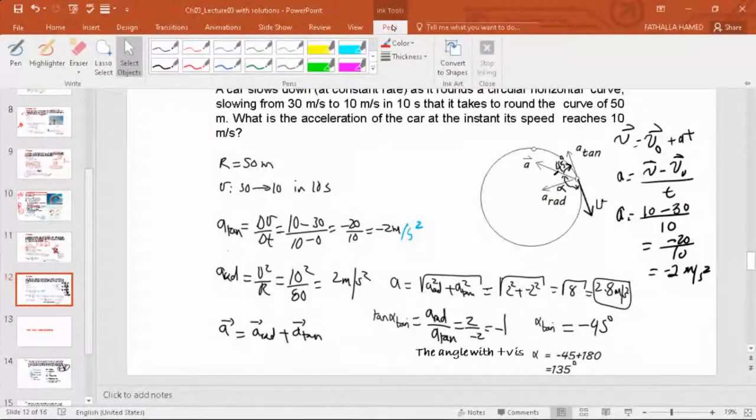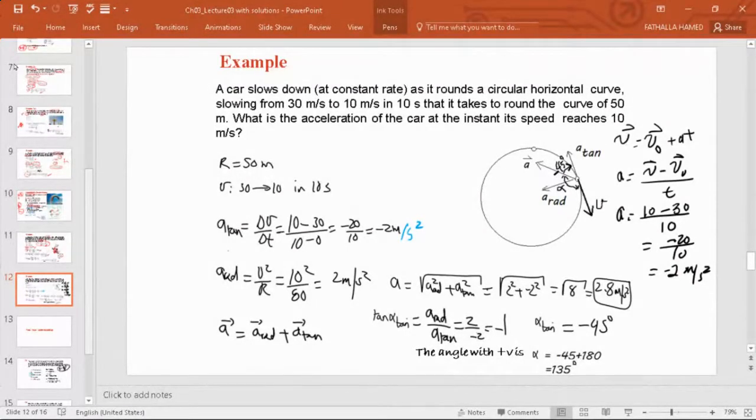Let's deal with another example. A car slows down at a constant rate. When you slow down or you speed up, you need acceleration. So they tell you it is basically slowing down at a constant rate. That means your acceleration is constant.